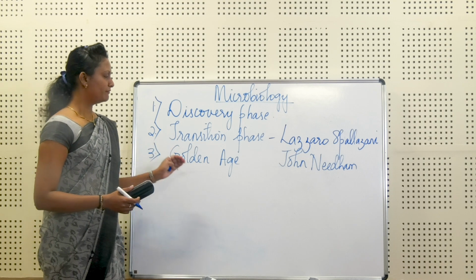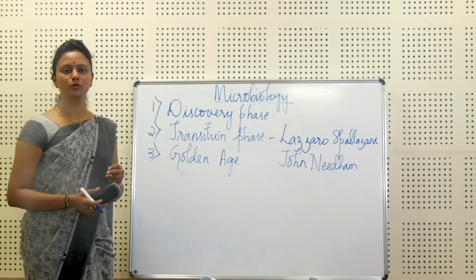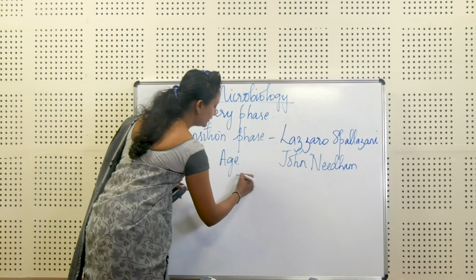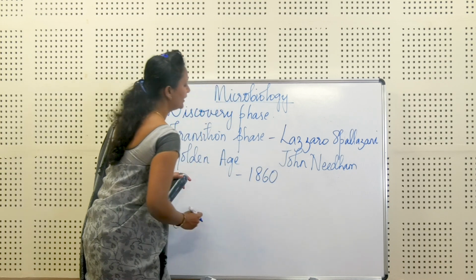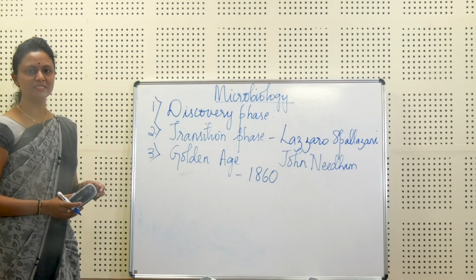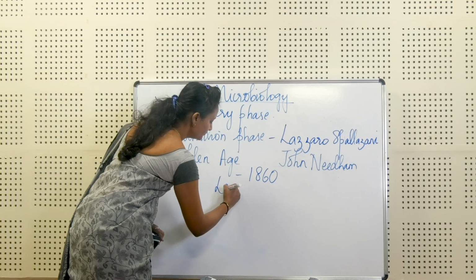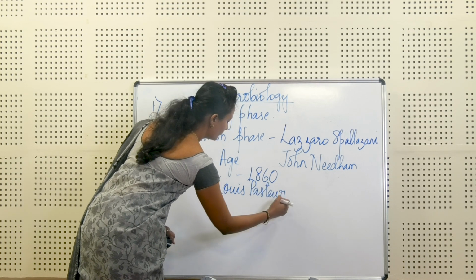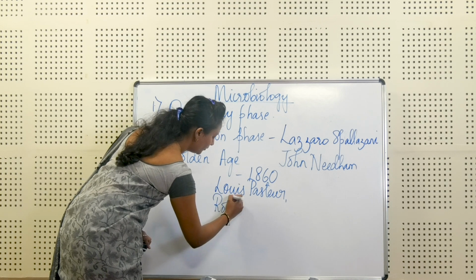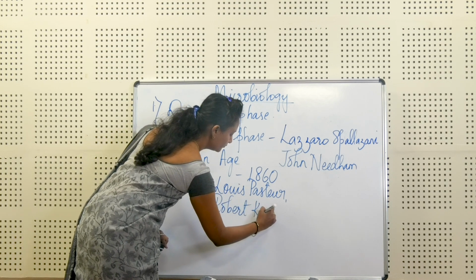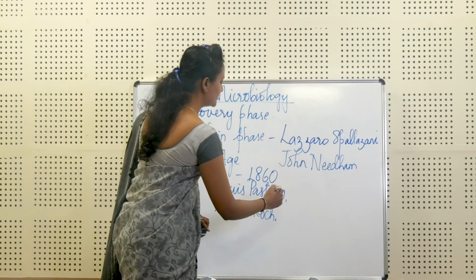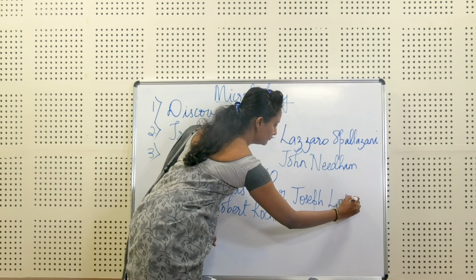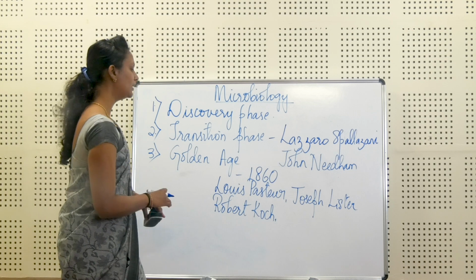The third phase of microbiology is called as the golden age or the golden era of microbiology, wherein it began in the year 1860, and it was mainly dominated by some of the notable scientists like Louis Pasteur, Robert Koch, Joseph Lister, and many more.